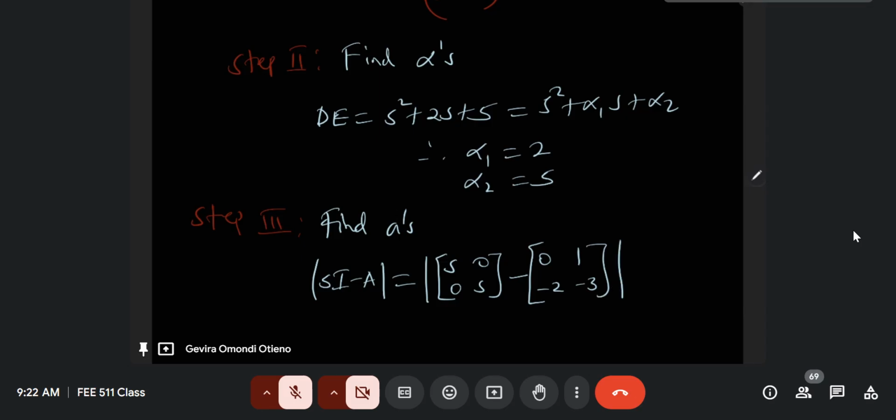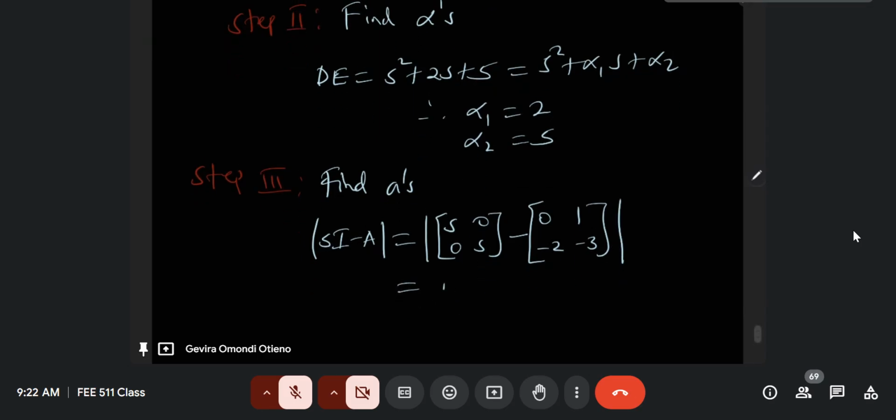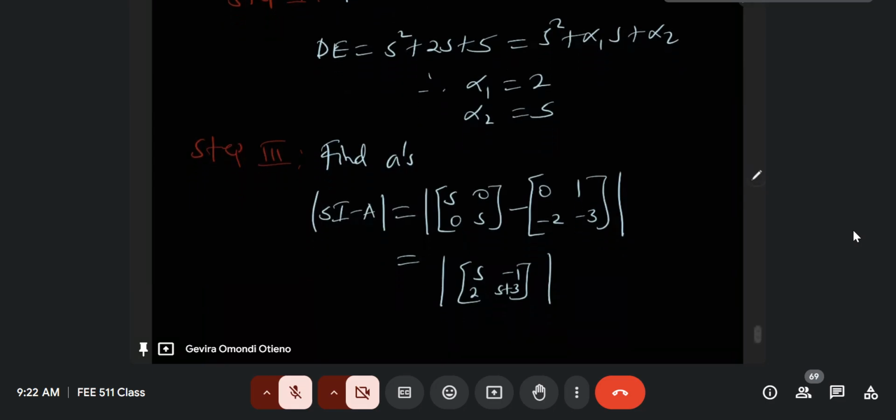So this is like saying, let's get the determinant of S, minus 1, 2, and S plus 3. And so this is like saying S squared plus 3S plus 2.